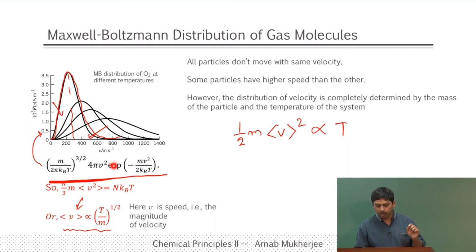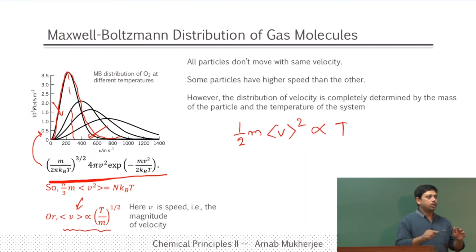You are asking what will happen to the distribution for a mixture. It will be a mixture of these two equations, a mixture of two Maxwell Boltzmann distributions.